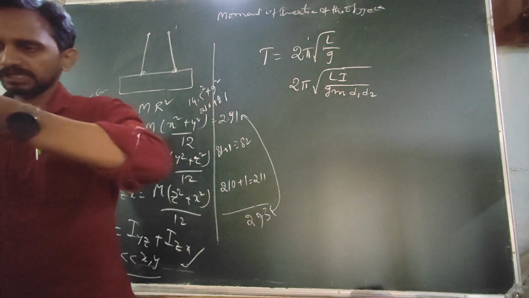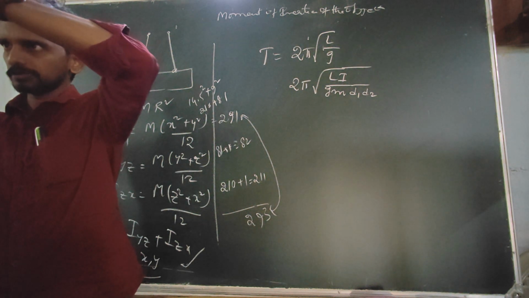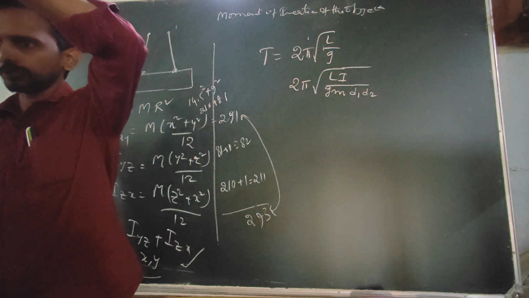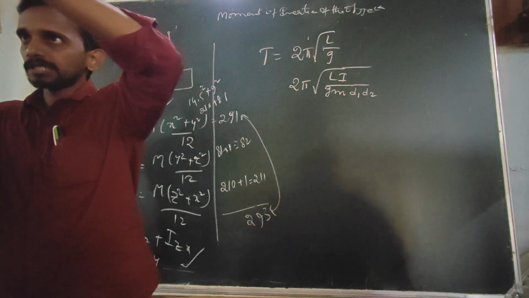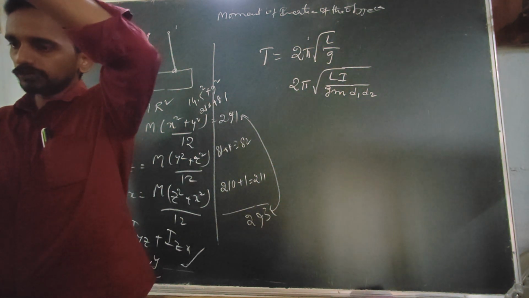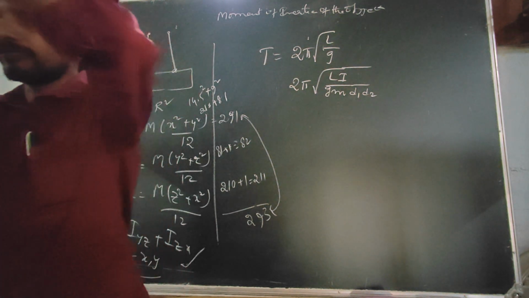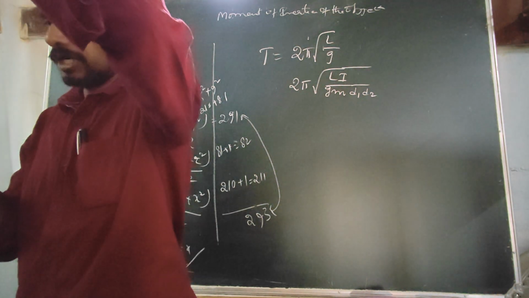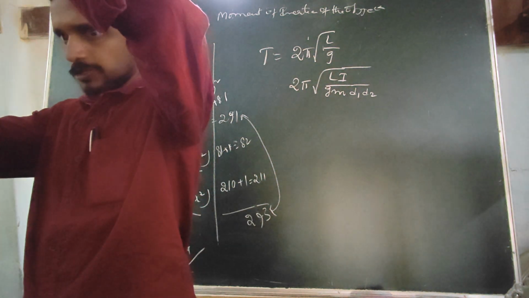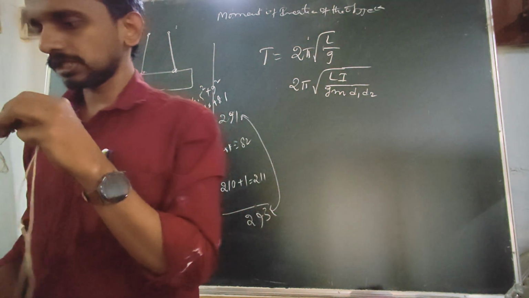Here D1 is the separation between the top portion of the suspension, and D2 is the separation between the bottom portion of the suspension. L is the length of the pendulum, measured from the middle of the top suspension to the middle of the bottom suspension. M is the mass of this slab.